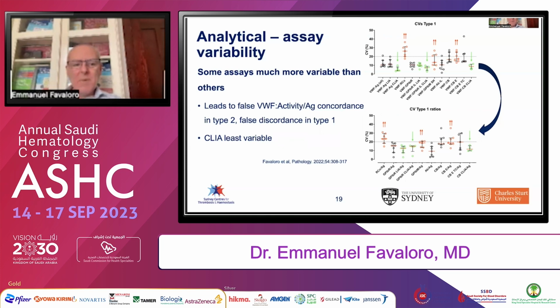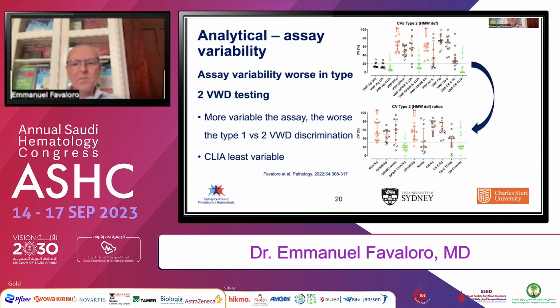The least variable assays are those performed on the AcuStar, the chemiluminescence methodology. If you have a highly variable assay, that leads to forced VWF activity to antigen concordance in type 2 and also forced discordance in type 1. Again, chemiluminescence is the least variable. This is a similar slide to the previous one, but I'm now showing you the assay variability in type 2 von Willebrand disease testing, and it's actually worse than in type 1.